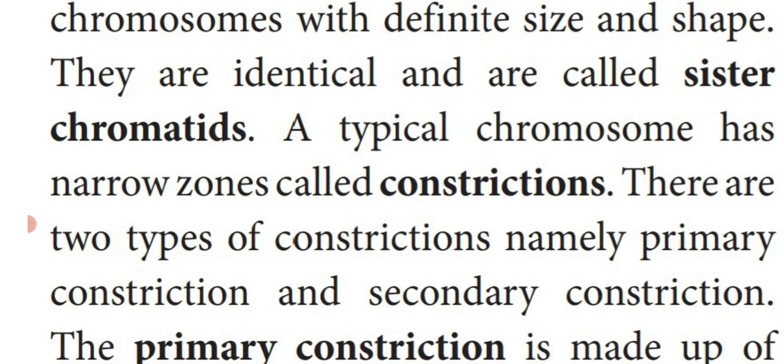Then a typical chromosome consists of a narrow, straight zone known as a constriction. These constrictions are divided into two types: primary constriction and secondary constriction.